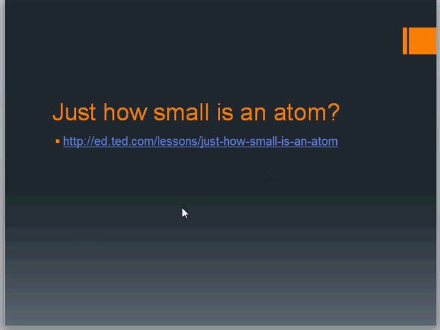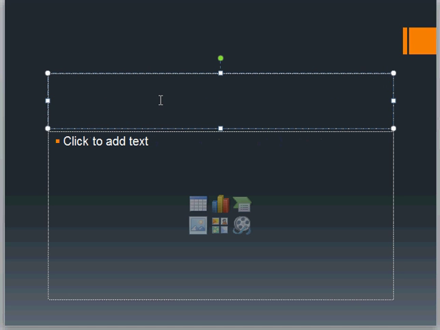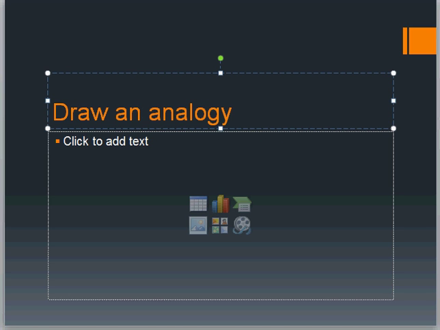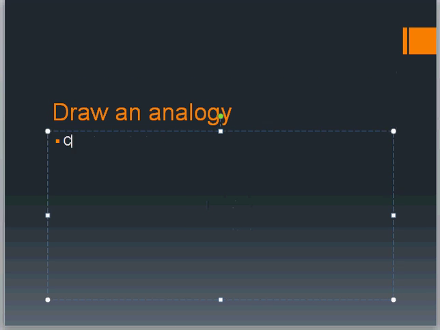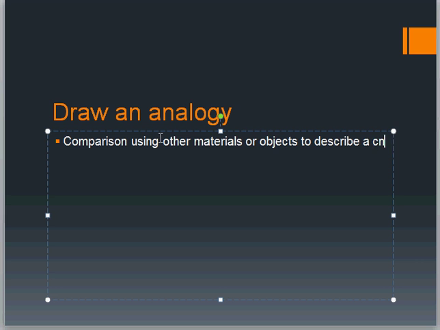Then, the next piece that you're going to do, you are going to draw an analogy. So what is an analogy? An analogy is a comparison using other materials or objects to describe a concept. In this analogy, I want you to compare, just like they did in the video, the size of an atom to the size of another object.